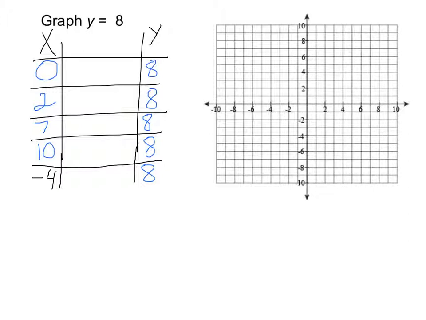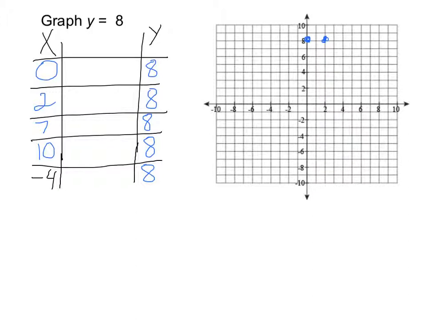So let's graph this. Let's look at the first 3 points: (0, 8), (2, 8), and (7, 8). For (0, 8), I stay at 0 but go up to where y is 8. There's my first point. For (2, 8), I go over to where x is 2 and up to where y is 8.